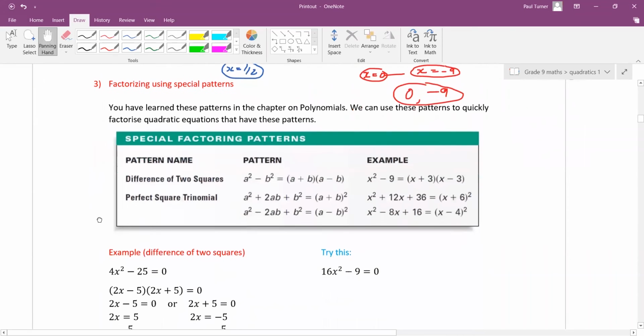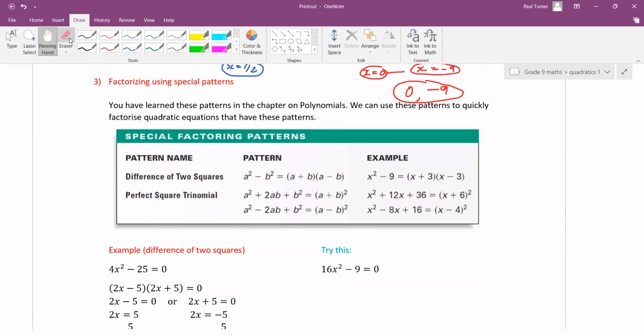So for this section, section 3 is related to the patterns that you know already. The first one, the difference of two squares. Remember, that's a squared minus b squared, which is a plus b, a minus b. You can swap those around, of course. An example here, x squared minus 9, and we'll do examples for these soon.